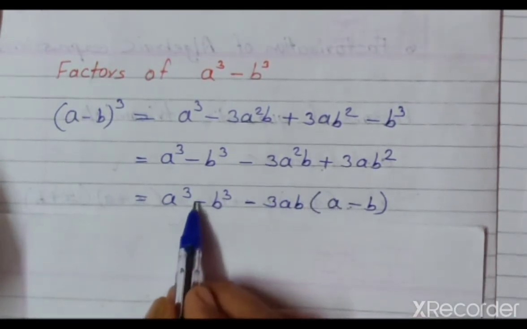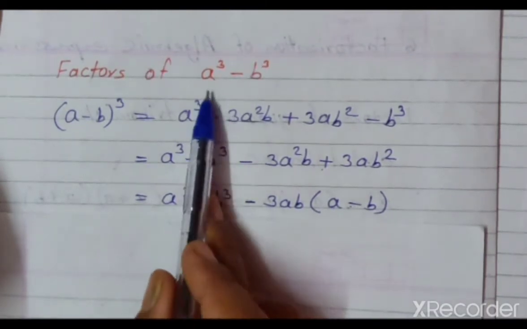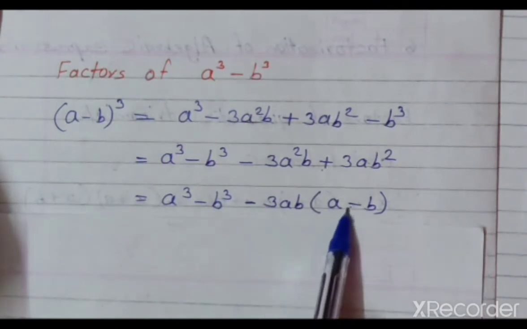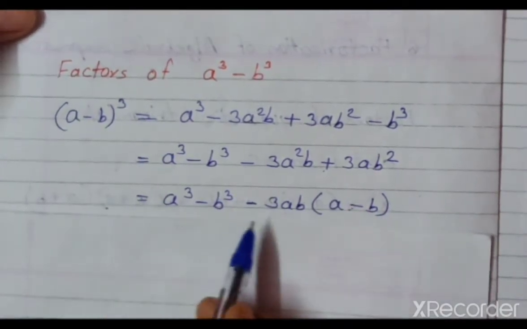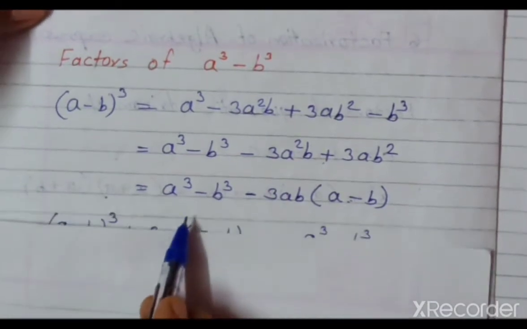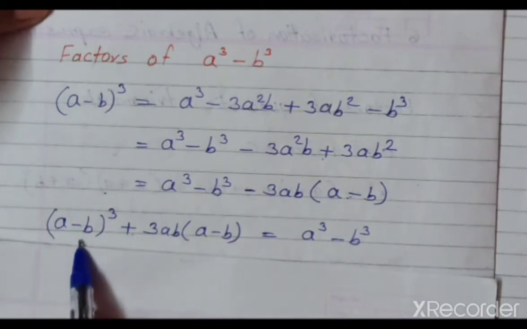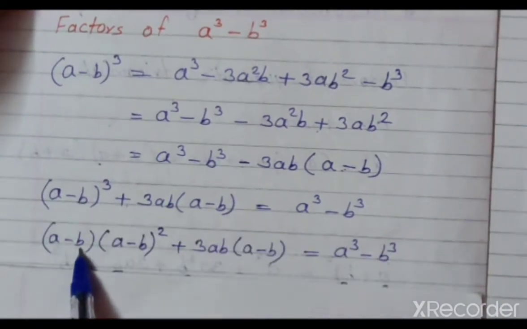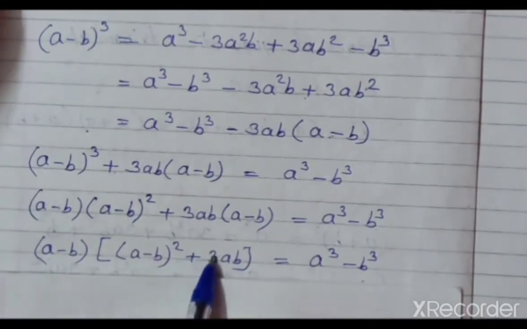Again here we require a³ − b³, the factors of this a³ − b³. Therefore I am taking this last term towards the left hand side. Here it is minus, so when you take it to the other side it will become plus. Again we can take (a − b) as a common factor. So here I take (a − b) as a common term and these are the remaining terms.